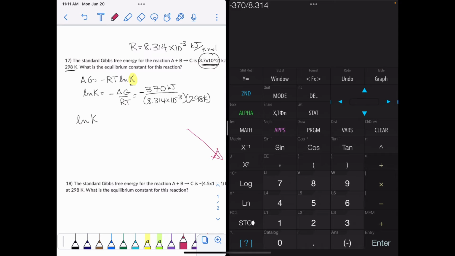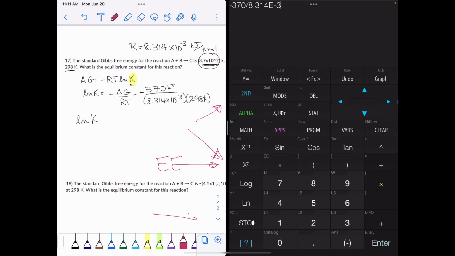I'm going to use scientific notation mode. I'm clicking my second function button, and then in this row, I see an EE. That is my scientific calculator's way of saying times 10 raised to the power. So it's EE negative 3.